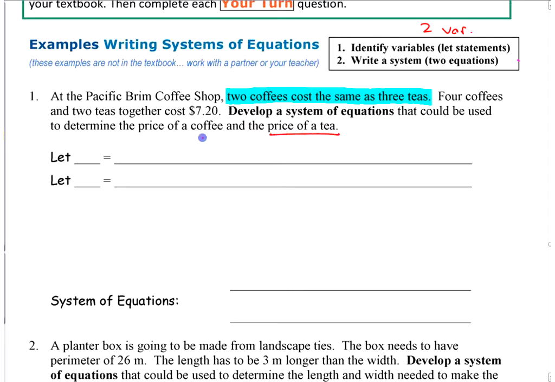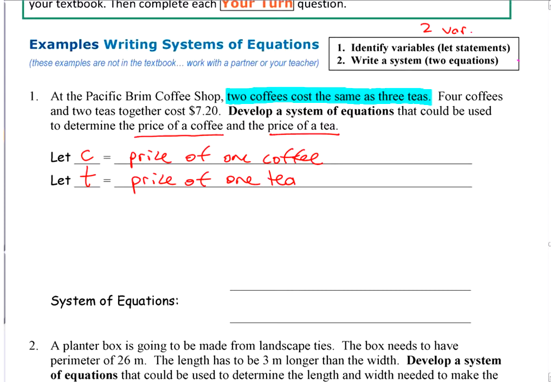How much that is and how much that is, right? If those are the unknowns, then make those the variables. If you're saying let C equal price of a coffee and T equal price of 1 T, okay, then you try and write the equations from that and from the information you're getting.